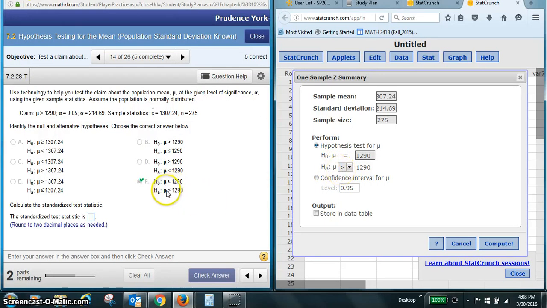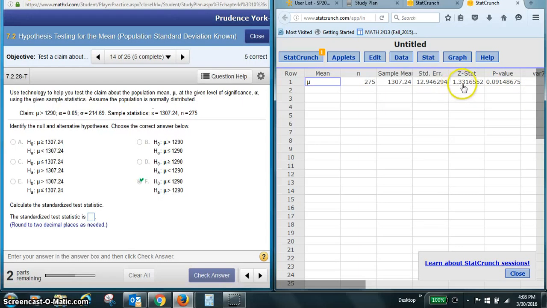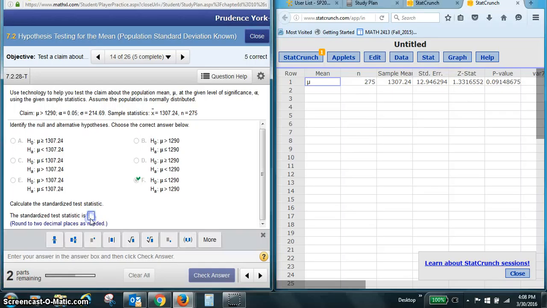As long as that symbol for H sub A is the same, this will work out. I'm going to store it in the data table so I'll have it to look back at later. The z statistic, the standardized test statistic, is 1.33 to 2 decimal places.